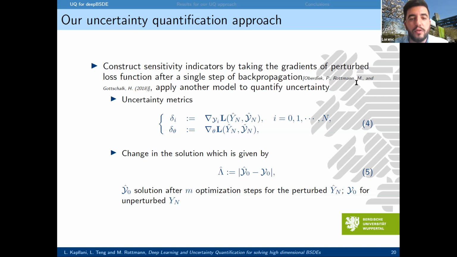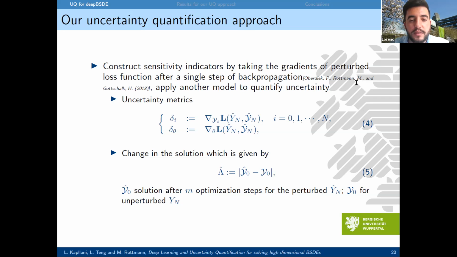By gathering all of this information, we want to estimate the change in the solution, as I showed in equation 5, where y0 hat is the estimated solution for the perturbed loss, for the perturbed terminal condition, and y0 is for the unperturbed terminal condition.